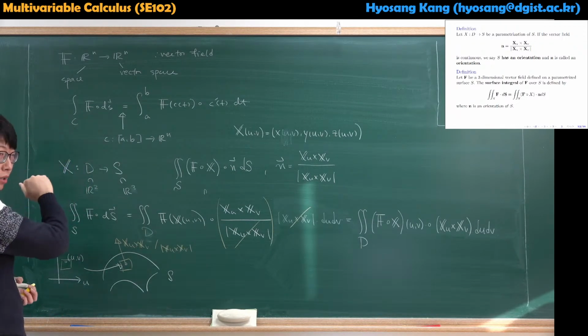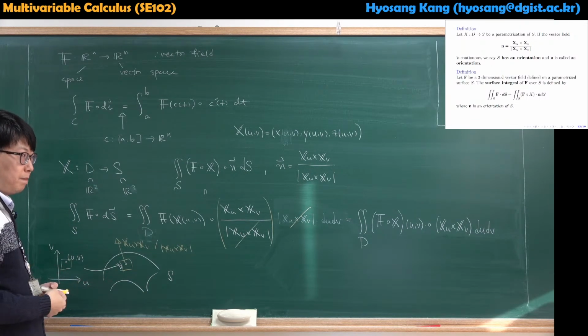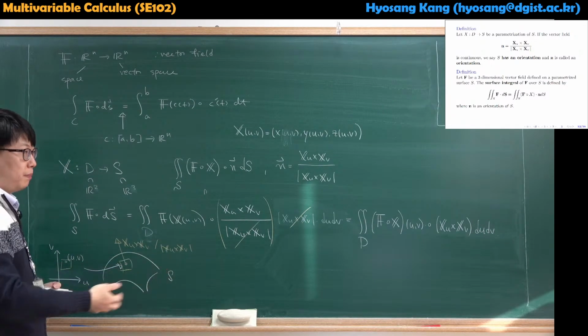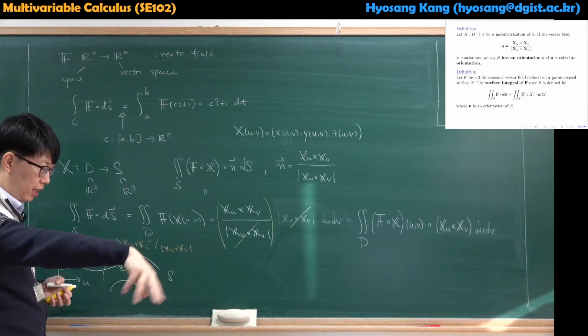And what about the line integral? So if you think about the vector field, it gives the force field. And this force field makes the particle in this field move along this surface or along this plane.